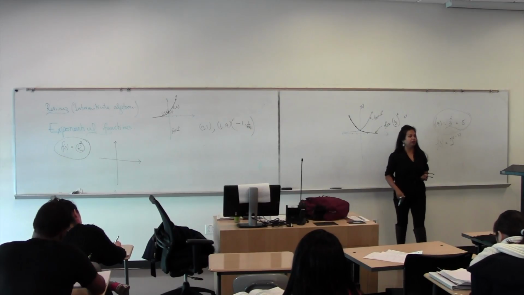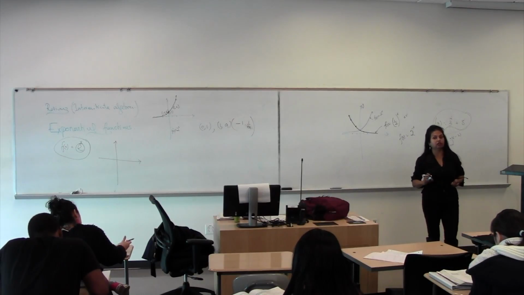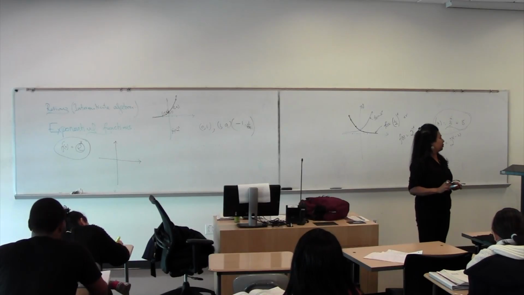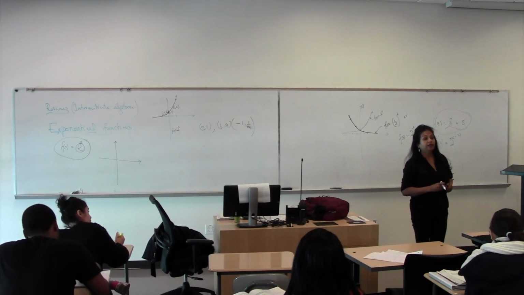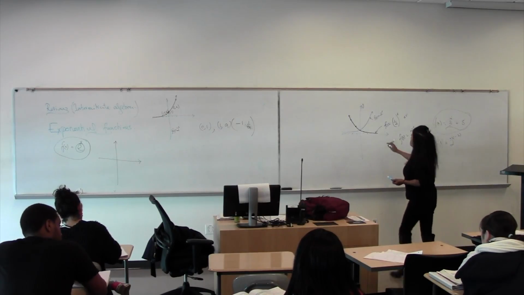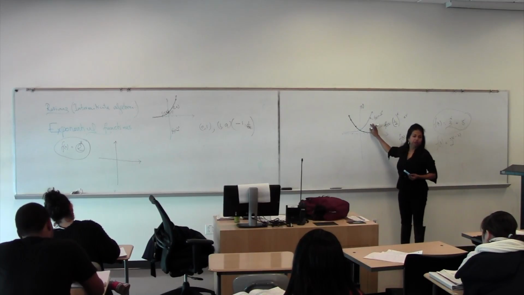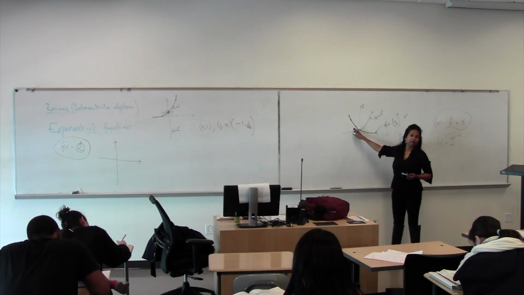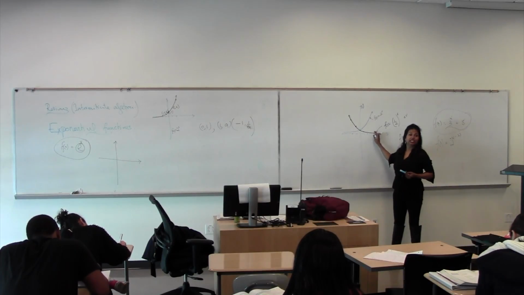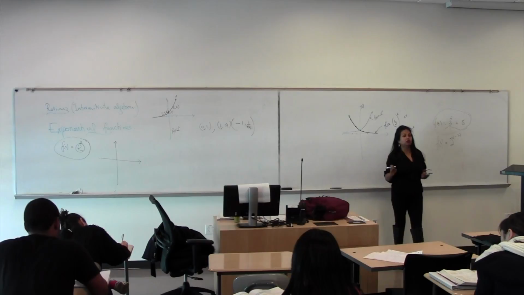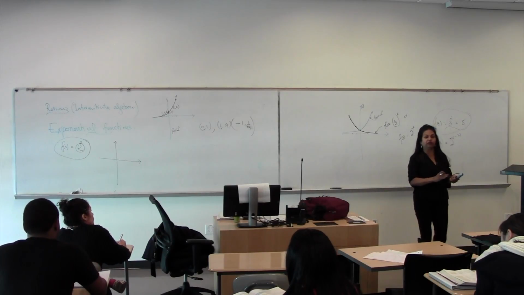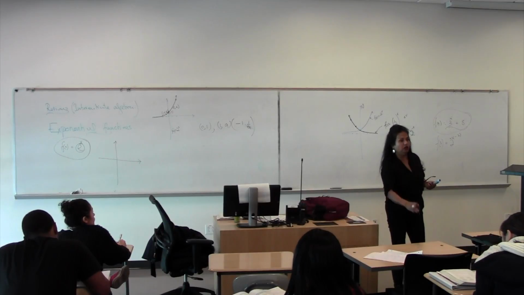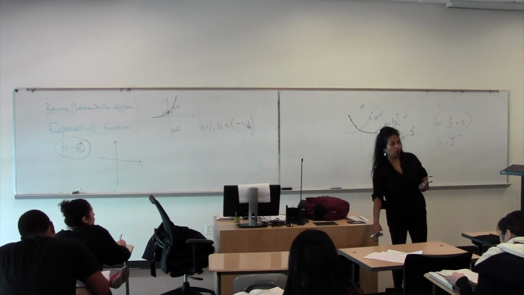There are a lot of real life problems that model exponential functions. And this one, what's happening to it? Exponentially decreasing. When the x value goes up from left to right, the y value is dropping down more and more. The next one drops even more.